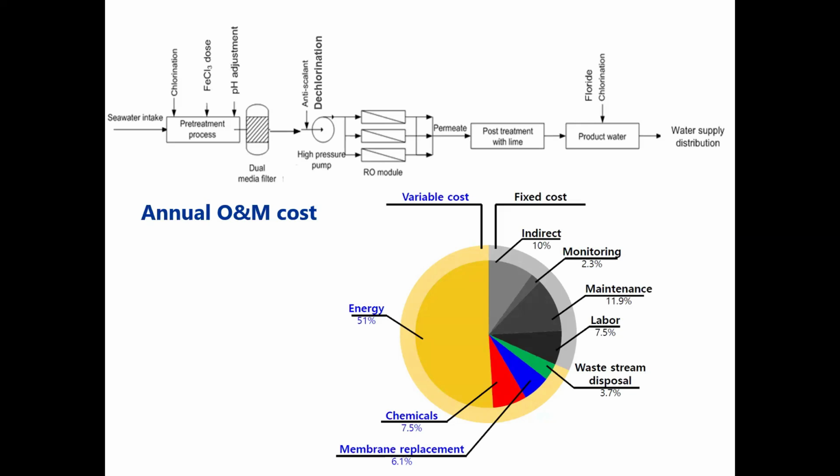This is 50%. The other 50% is monitoring and labor, waste stream, chemicals, and maintenance, which means the everyday desalination plant operating cost is more than $500,000 to produce your desalinated water. It's expensive, right? That's why people don't like it.